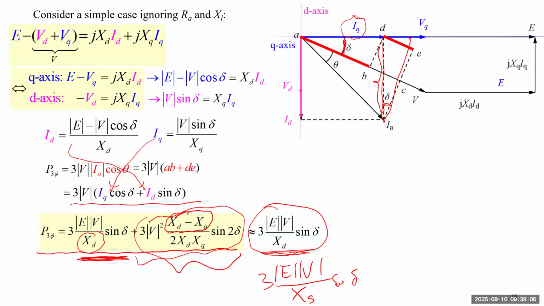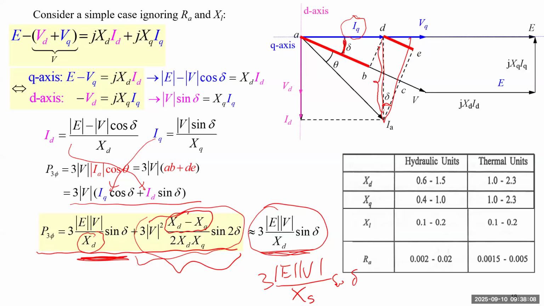Okay, so how good is this approximation? We can show this table for typical values of XD and XQ. Here all the values are in per unit. We'll explain what per unit means later, but it basically means you define a base and divide the actual reactance in ohms by the base, so you generate a value like a fraction or percentage.